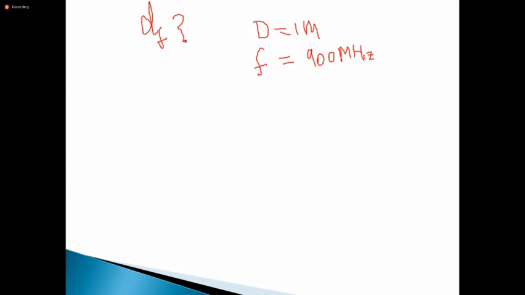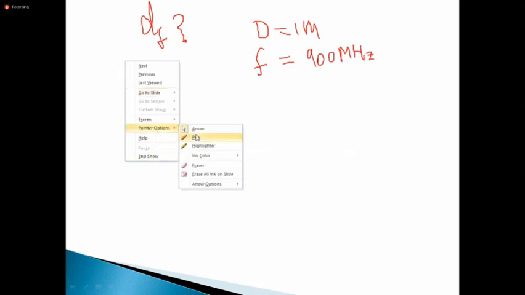Okay. See the equation is 2D square divided by lambda. Then try to find the answer. Frequency එක දීලා තියෙන wavelength එක හොයාගන්න.